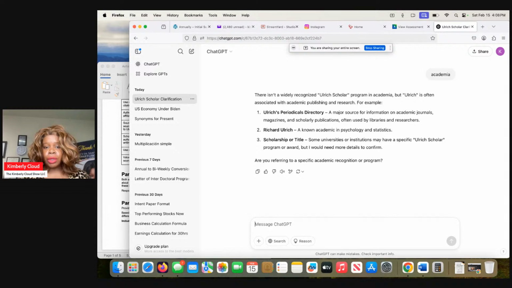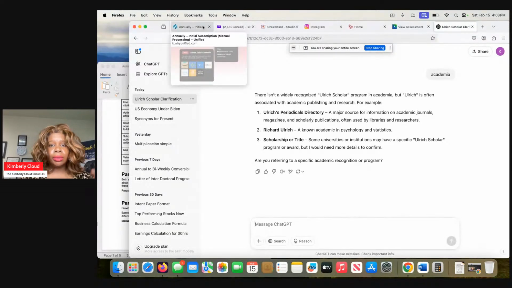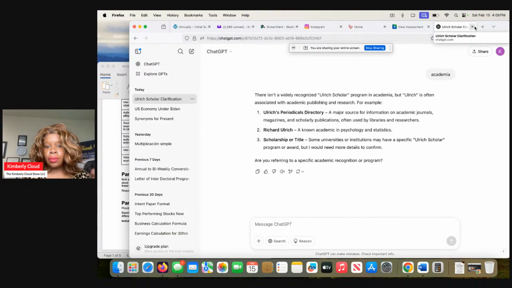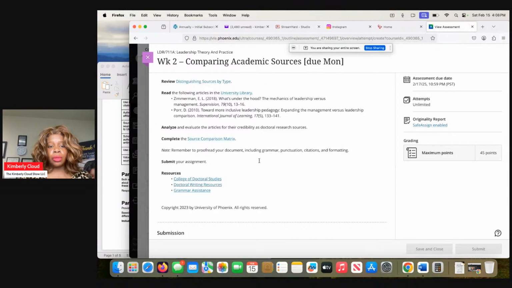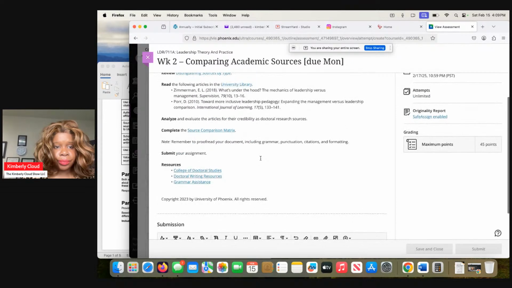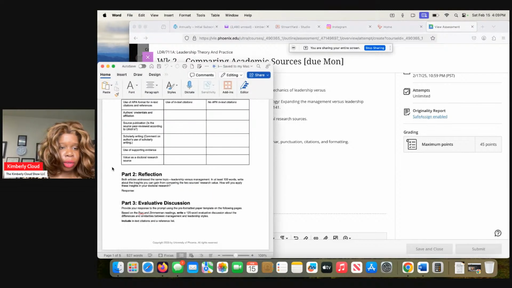Periodicals directory. Okay, I'll keep that. I'll look it up tomorrow too, just so I can get a better understanding on a fresher mind.